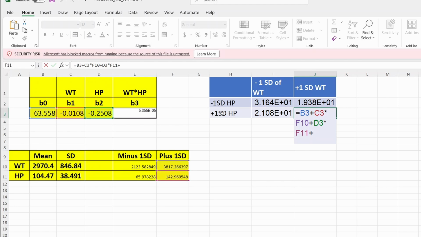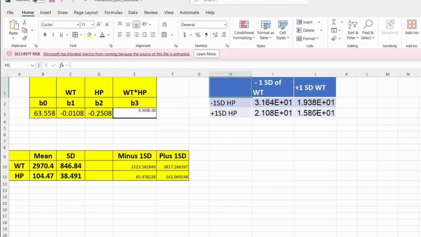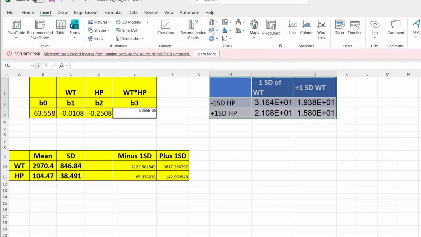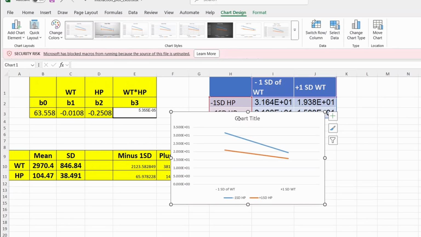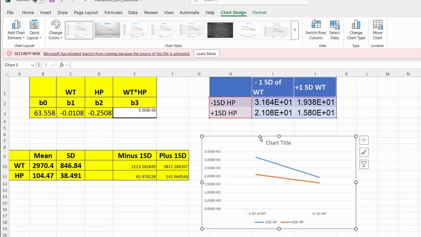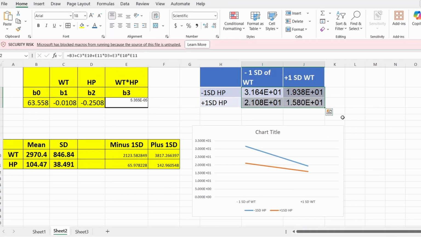Yes, and then this one times this one. So we got 4 data points. Yes, so then let's plot the chart to see how it looks. Okay, I think that's correct.